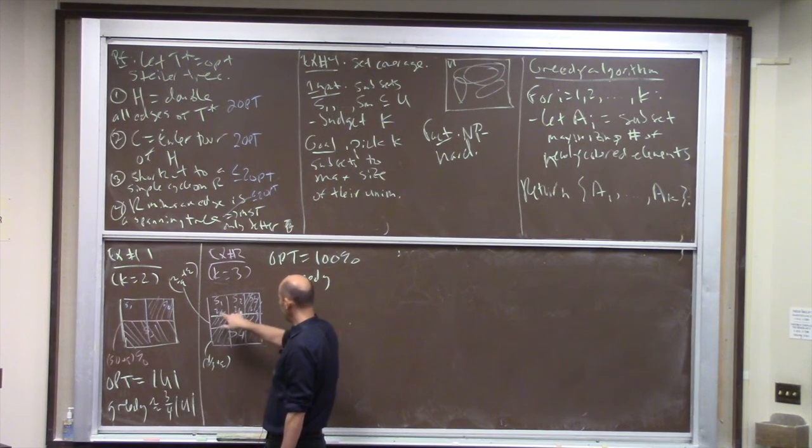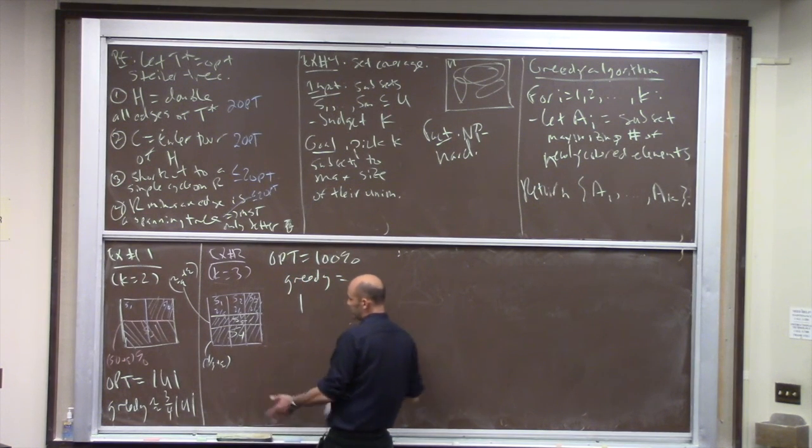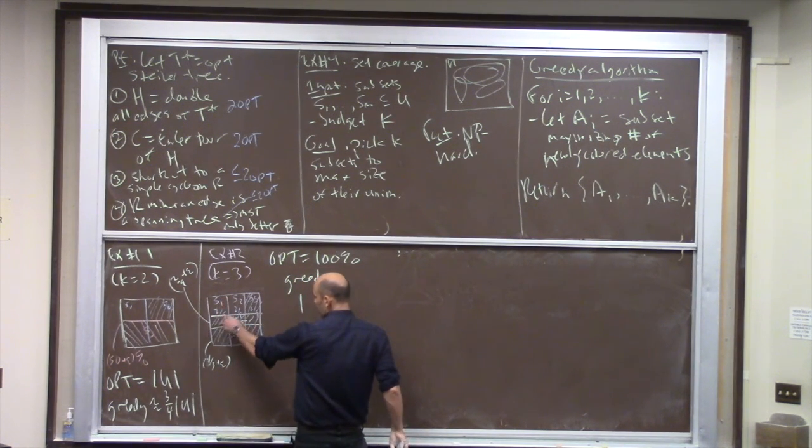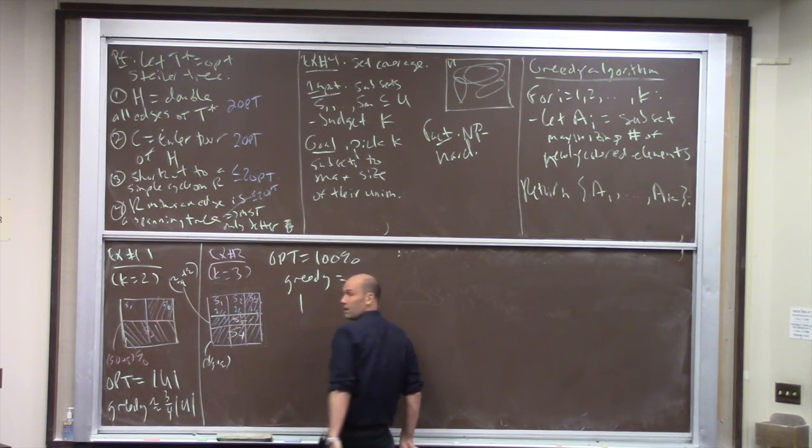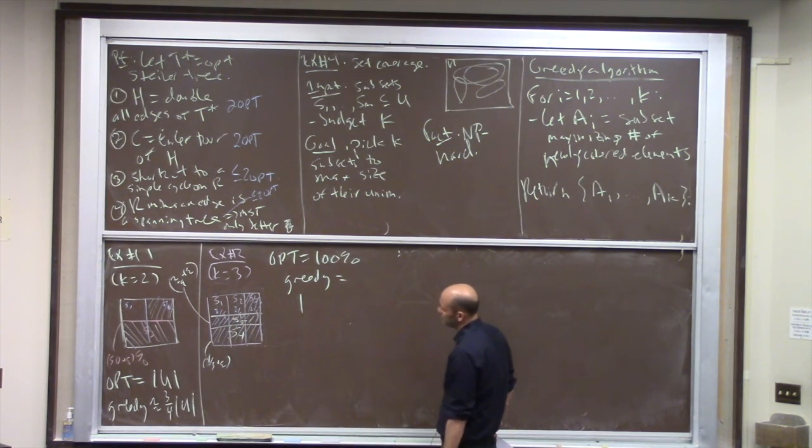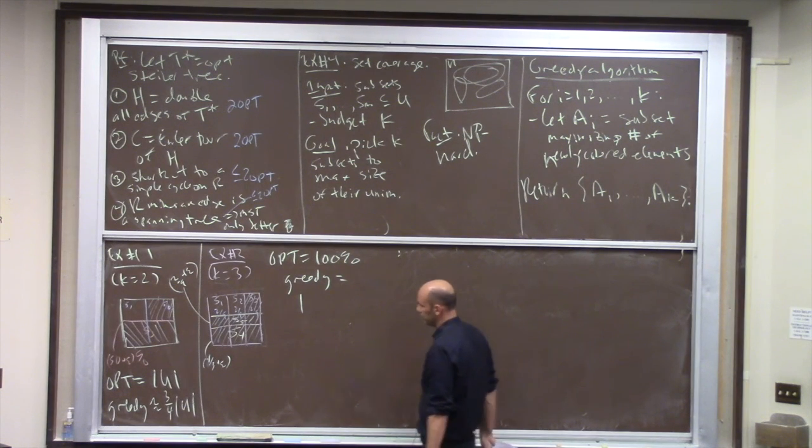Greedy is everything but these 2 squares. So what's one of these squares? Well, this was 2/9 of the full rectangle, and then this is 2/9 of the subrectangle. So what is uncovered up here is 2/9 times 1/3, excuse me.